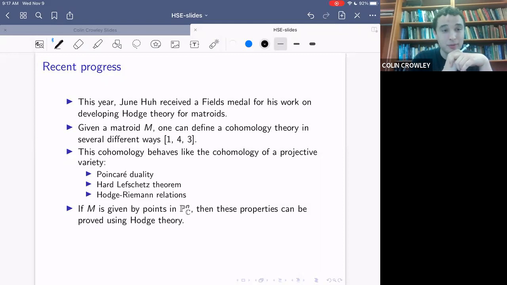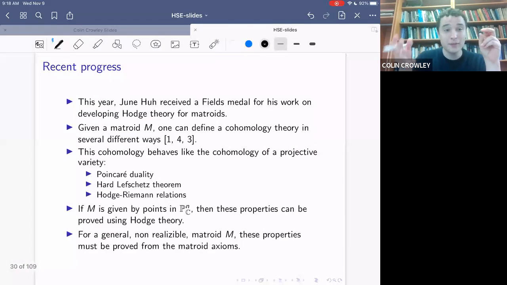I'll tell you about one of the constructions, but one constructs a variety, and the Hodge theory of this variety turns out to only depend on the combinatorics of the matroid. And that's over a field. What's really interesting is that it's true even for matroids that don't arise over a field. For a general non-realizable matroid, this Hodge theory is still true, but it follows from the matroid axioms. There is no algebraic geometry involved in the proof.